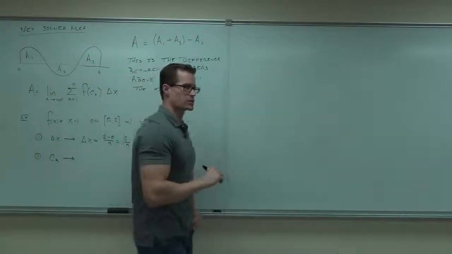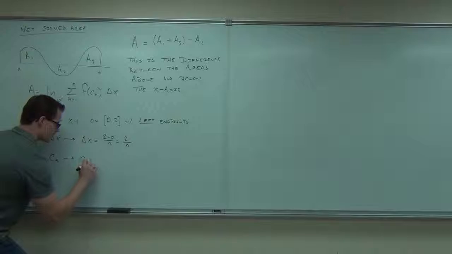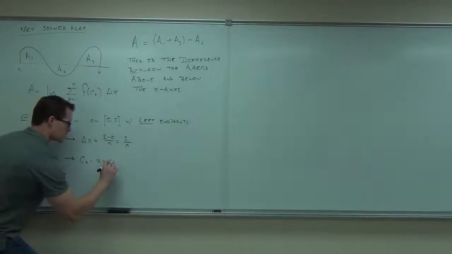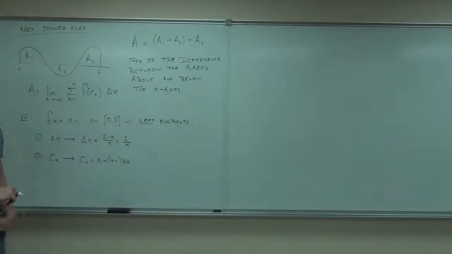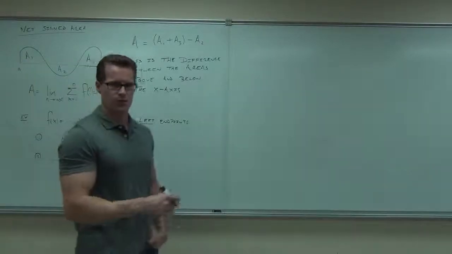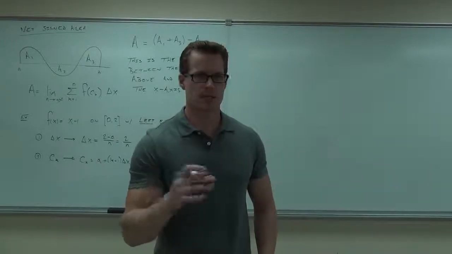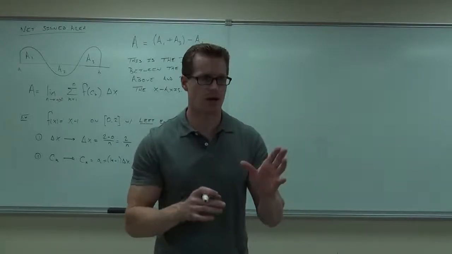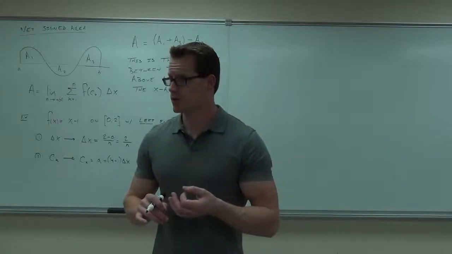Using left endpoints, c sub k says this: a plus k minus 1 times delta x. That's what c sub k would say for you. Didn't I give you those formulas last time? Yeah. Okay, so you look up the correct endpoint, whether it's left or right or perhaps a midpoint, and you use the appropriate formula. You with me?